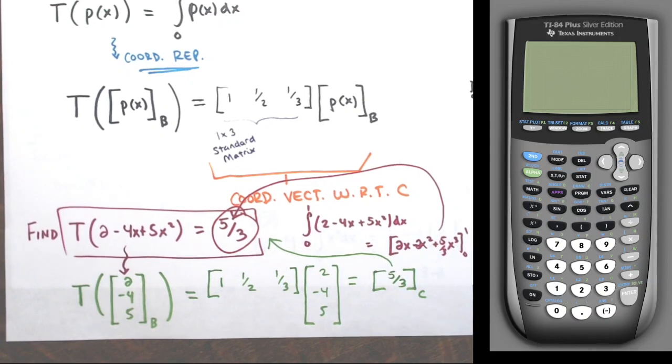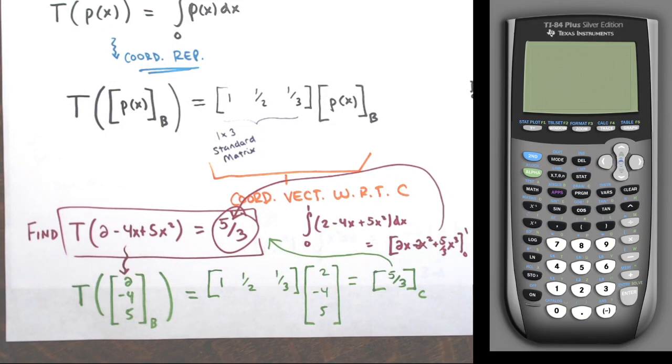And you can do this for any linear transformation. You can change it into a little equation involving the coordinates with respect to the bases for the domain and the codomain. You change your input to its coordinates with respect to the standard basis for the domain, and then you can find your output by multiplying that standard matrix by that input coordinate vector.